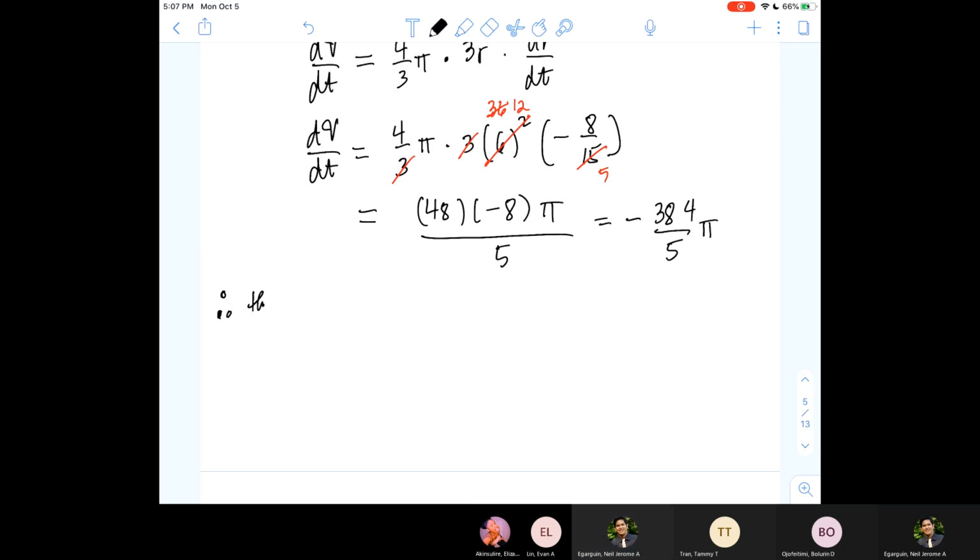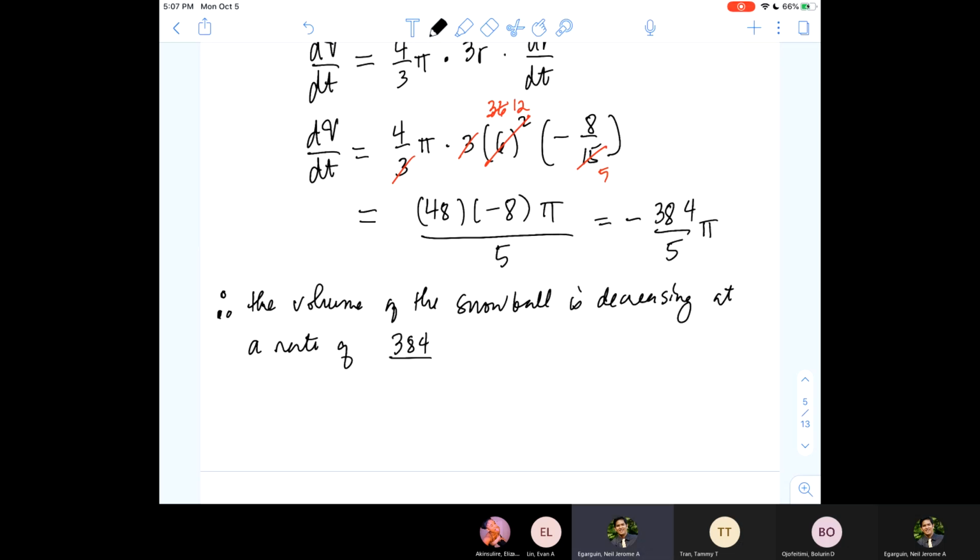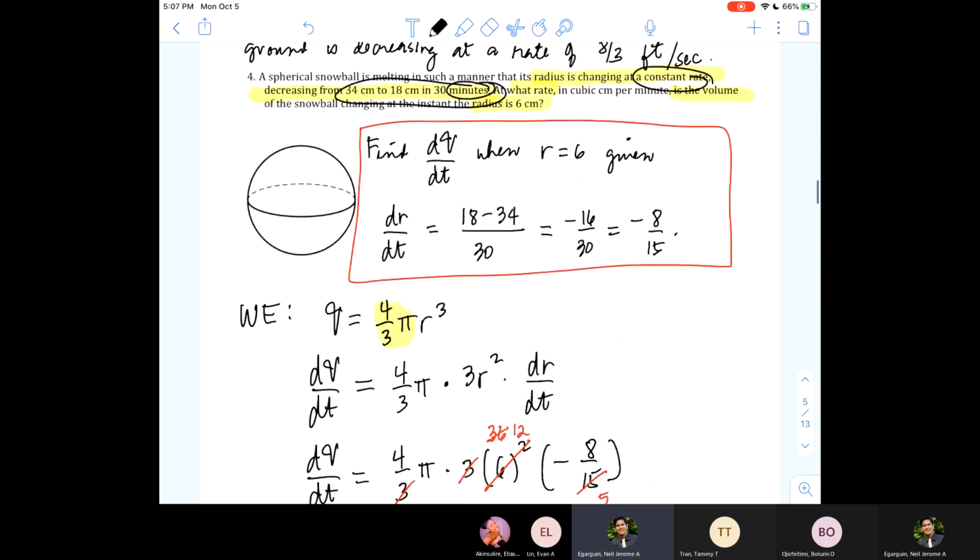Therefore, the volume of the snowball is decreasing at the rate of 384 over 5 pi cubic centimeters. Or maybe we can write it this way. What is the unit of time? The unit of time is minutes.